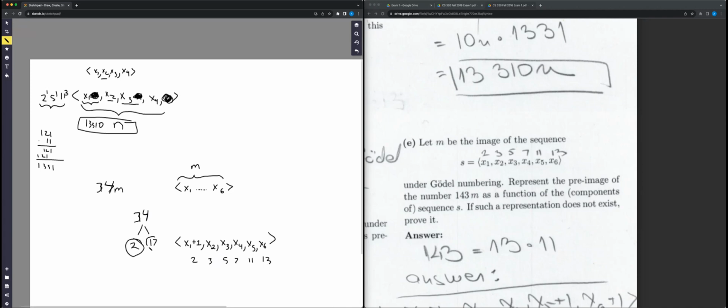Right, but now we need to figure out a way to make space for the 17. It doesn't go in any of these. It needs to go into the 7th position, but there is no 7th position. But we can add one by making space for it. And then we need to follow the rule of subtracting 1 from the exponent.